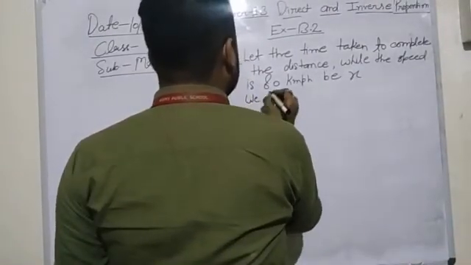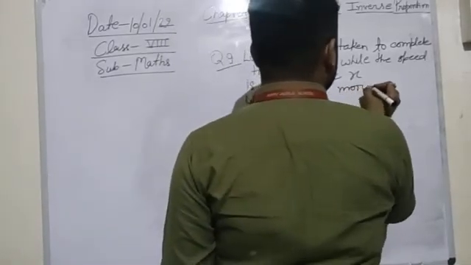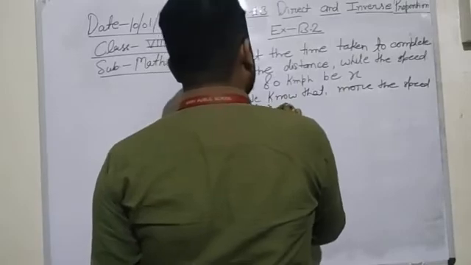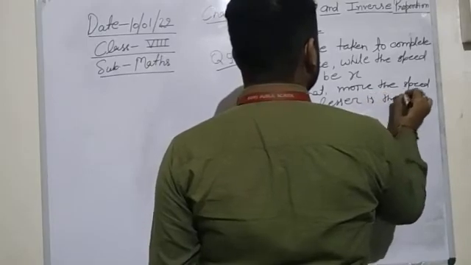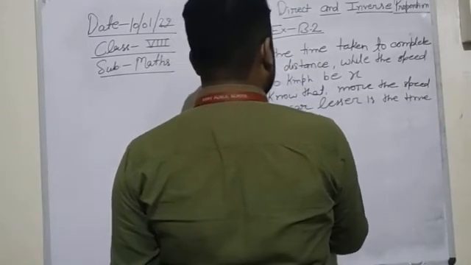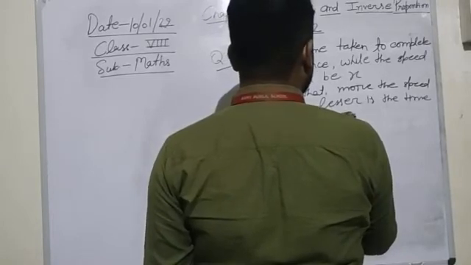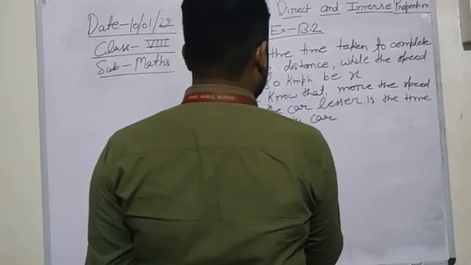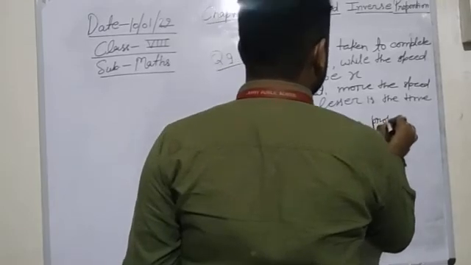So we know that more the speed of the car, lesser is the time taken by the car. So we have inverse proportion.